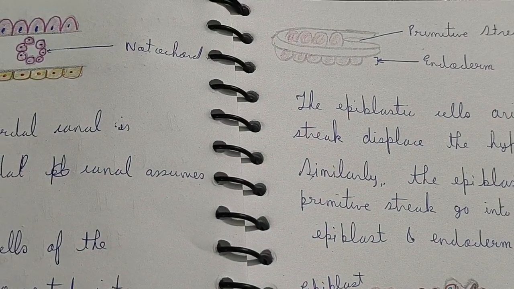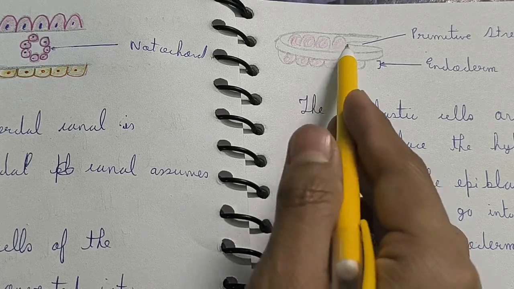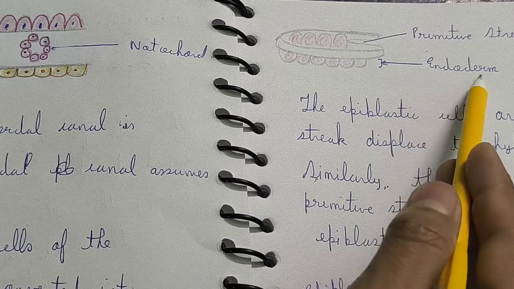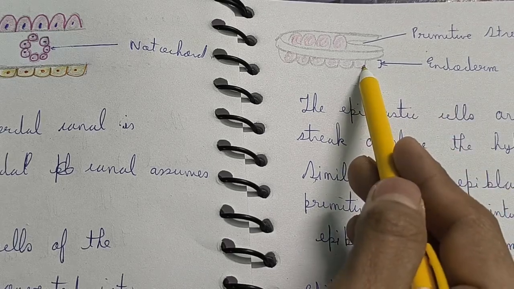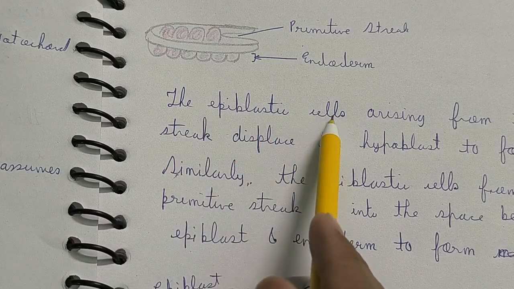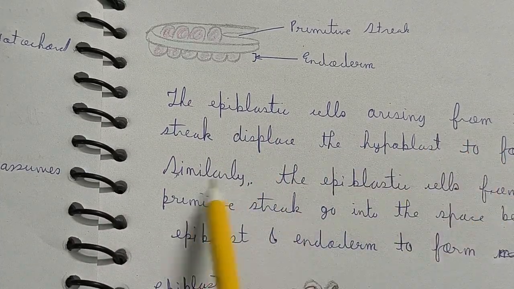Finally the hypoblastic cell layer is replaced by the epiblastic cells, and due to this replacement of hypoblast by epiblastic cells, endoderm forms. The epiblastic cells arising from the primitive streak displace the hypoblast to form endoderm.